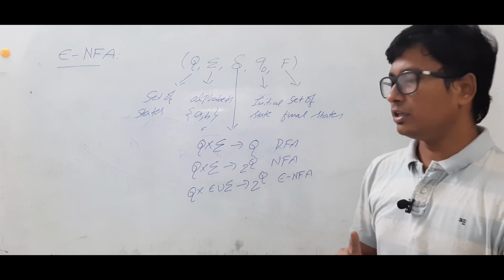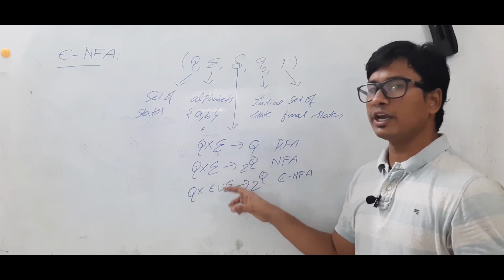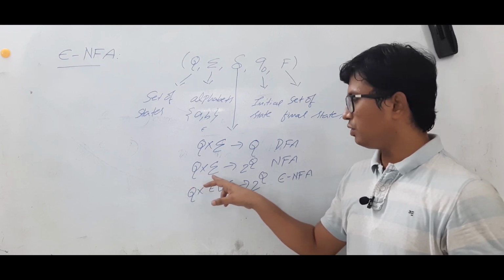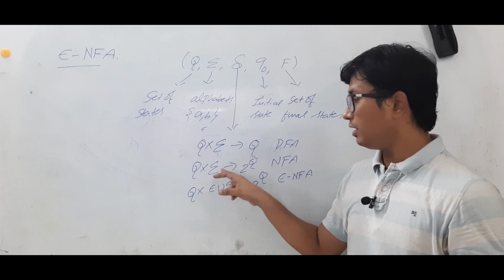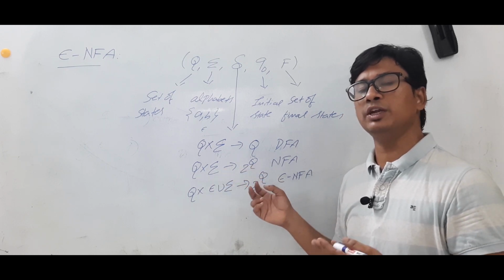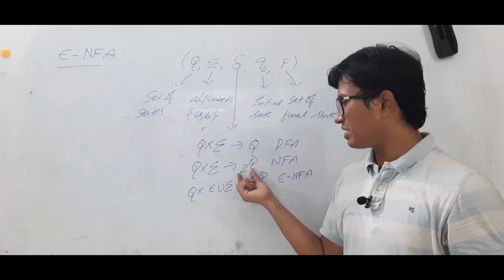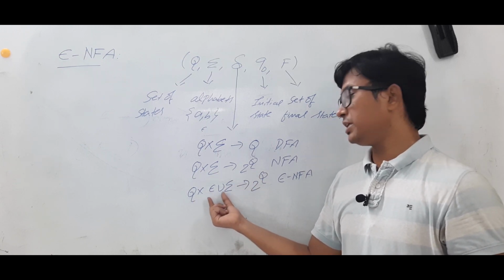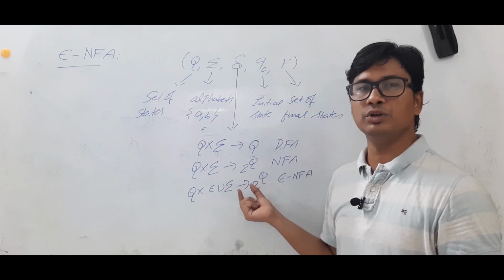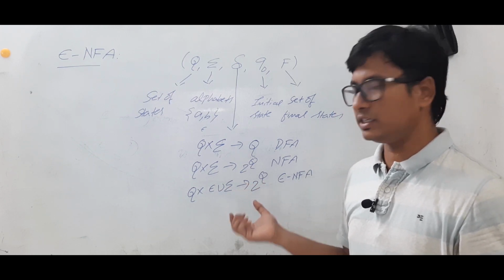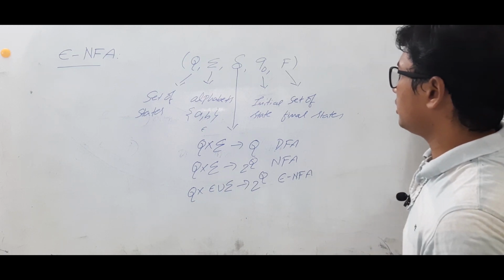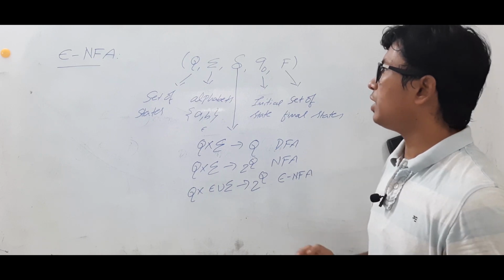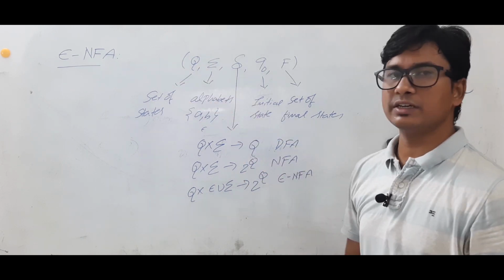The only difference between Epsilon NFA and NFA is that in an NFA, from a state Q on alphabets A or B, you can go to more than one state or you may not go. This is what we call a power set. Whereas in Epsilon NFA, from a state, by taking alphabets or epsilon, you can go to more than one state or you may not go to any state. So that is the only difference between the NFA and Epsilon NFA. I hope you have understood how to represent the Epsilon NFA.